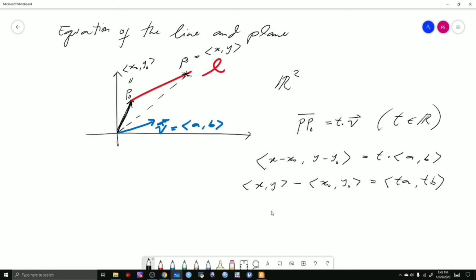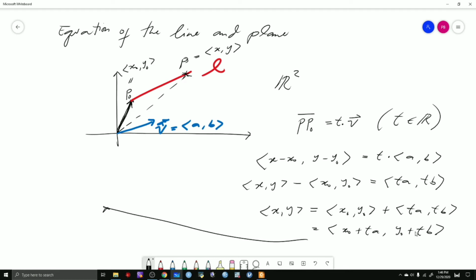So we will get (x, y) equals the vector (x0, y0) plus the vector (ta, tb), and then we add these two vectors, so that yields (x0 plus ta, y0 plus tb). Hence, x of t equals x0 plus at, and y of t equals y0 plus bt.